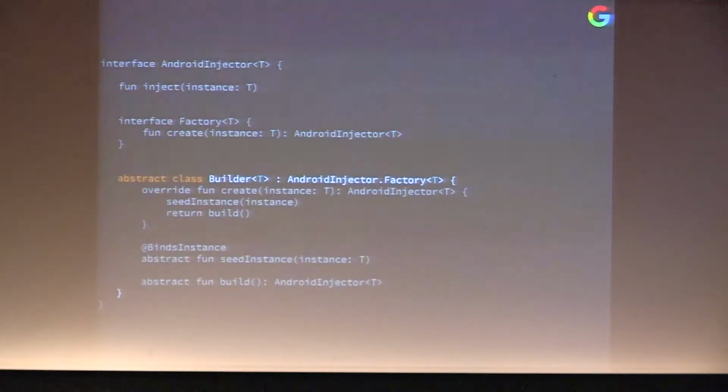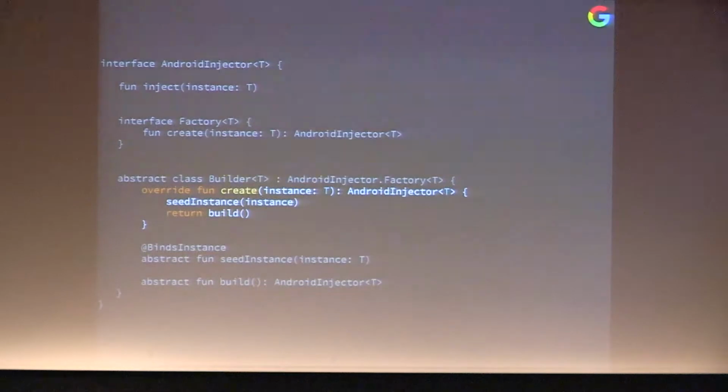And then you have the standard Builder class that will serve for your subcomponent builder or your component builder. So we're going to go step by step. First, you can see that this Builder implements the Factory interface that we just saw. So we implement the create method.